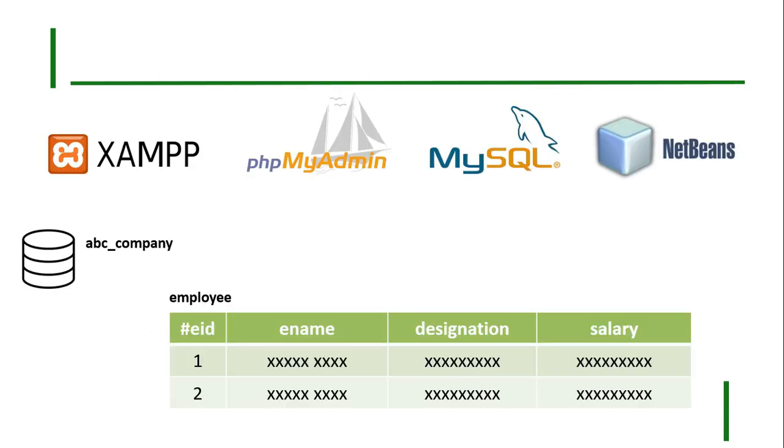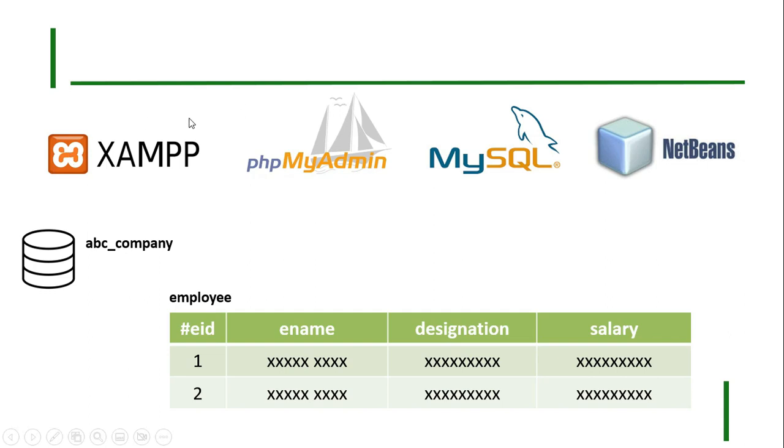Okay friends, now we will be executing the program. In order to execute the program, we will require certain software. So please take a note of the software that we will require. We will be inserting the data from a Java application in a MySQL database.